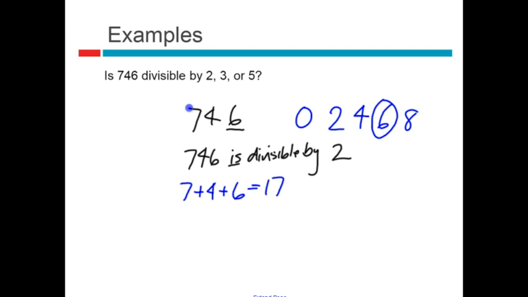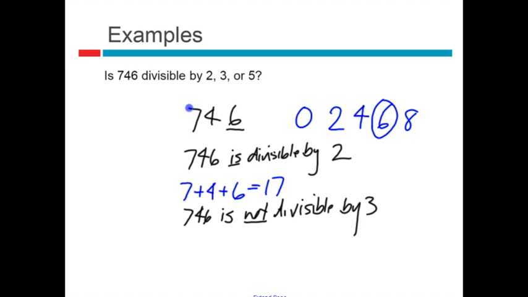So we would say no in this case. So 746 is not divisible by 3. And that's okay. The number doesn't have to be divisible by 3, because 17 is not divisible by 3.